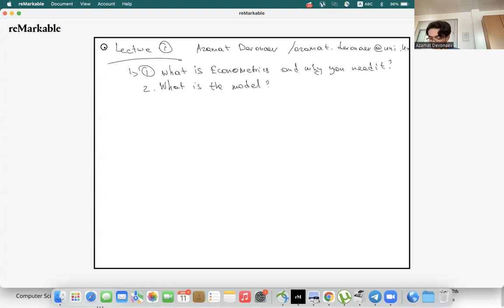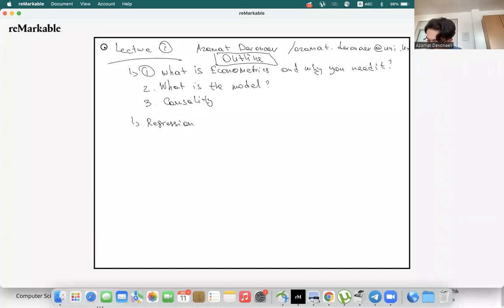And after explaining this, I will show you what causality is. But we will go into this in detail later. It's just an outline. And after this, I want to discuss with you the very famous tool of econometrics, which is basically regression.